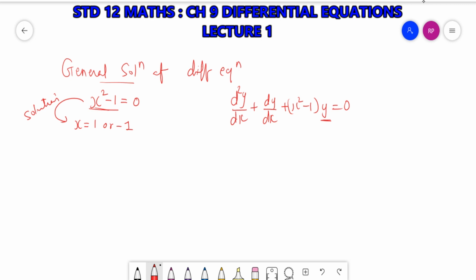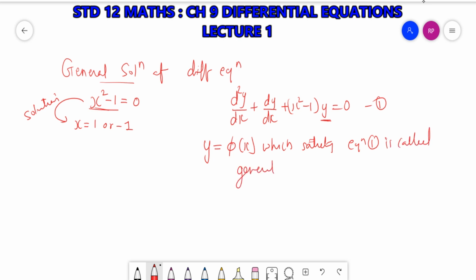Now that values of y may be in the form of function of x, means y as a function of x which satisfy, let's say, this equation 1 is called general solution of equation 1.